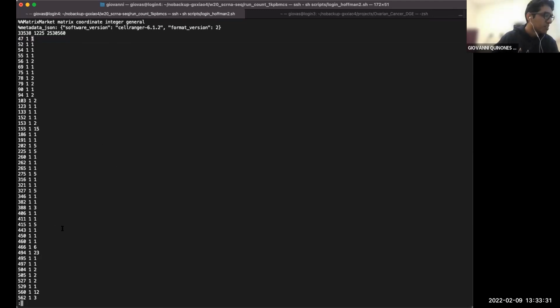We'll see this in more detail when we start with the R demo. But for now, I just wanted to give you an idea of what the input data is that we're working with.